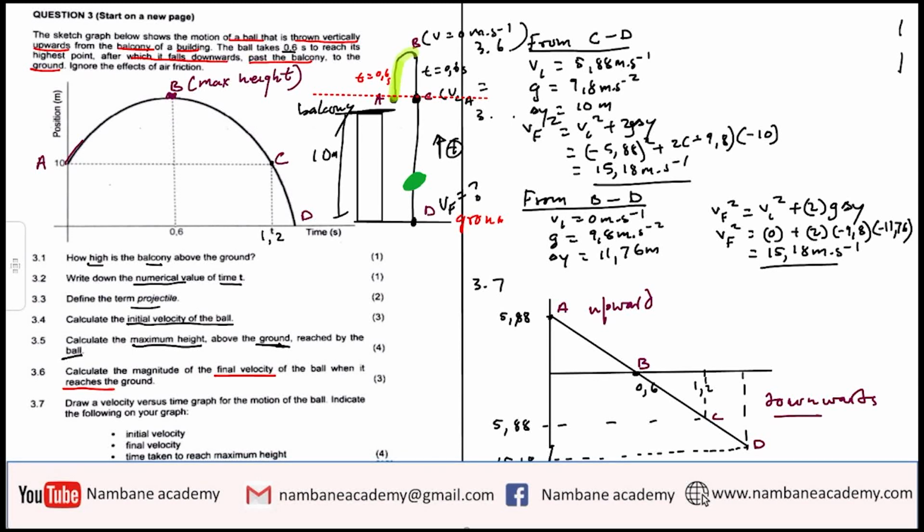Ratanang Phehlo, reflections please. Sir, I understood everything you have done on this question. I just think I need to work this weekend and try to revise and practice everything I missed because I was really busy the past week.